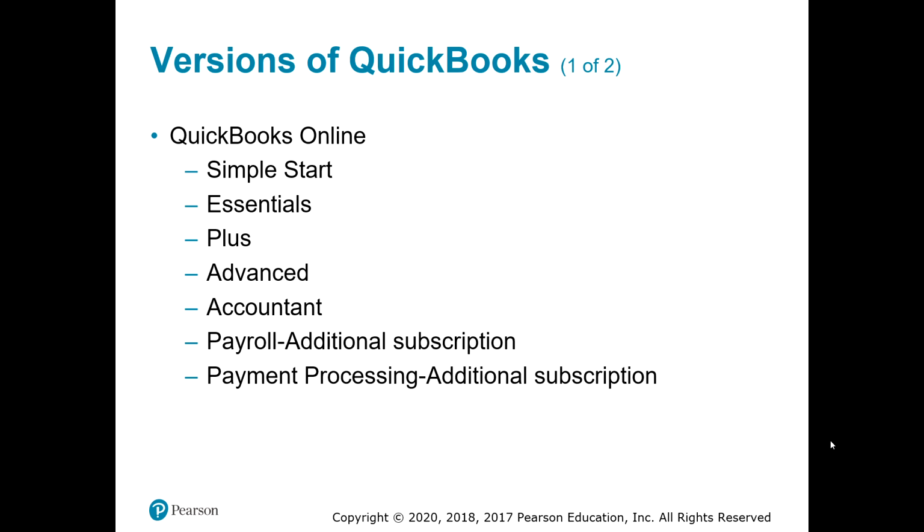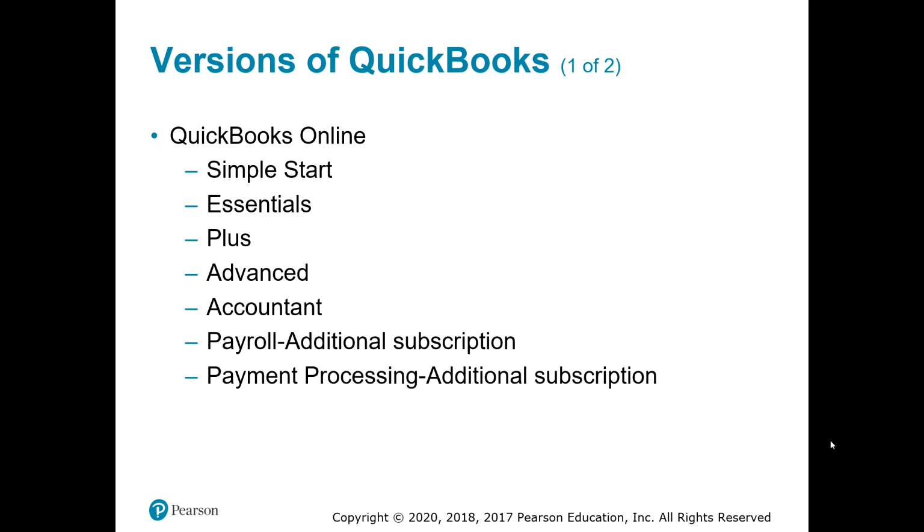So, all these versions of QuickBooks Online, we have Simple Start, which is a one-person access that tracks income and expenses, uses invoices or estimates, charges sales tax, prints checks, records transactions, and downloads the bank or credit card info.